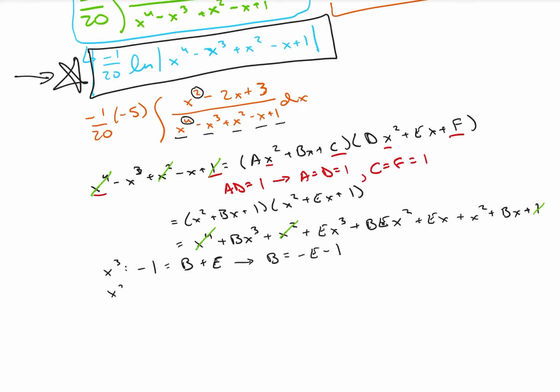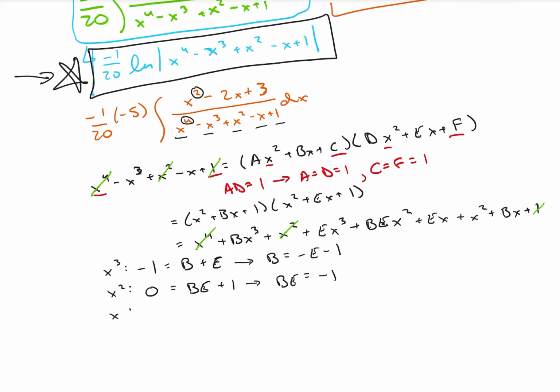If I look at my x squared terms, I'm going to have a 0 on the left, and I'm going to have be plus 1 on the right. So that tells me that be is equal to negative 1.